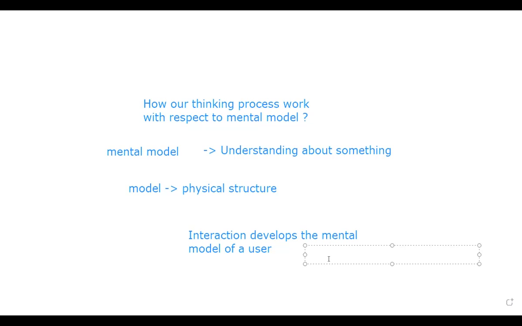So in that context, we interact without thinking. At the beginning of riding the bicycle, we have to think about how to ride it. But when you become more experienced, we don't think about it.